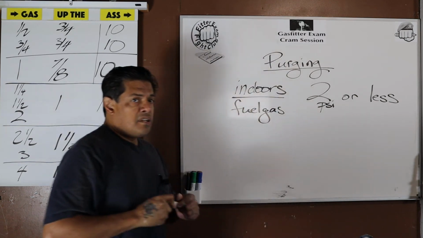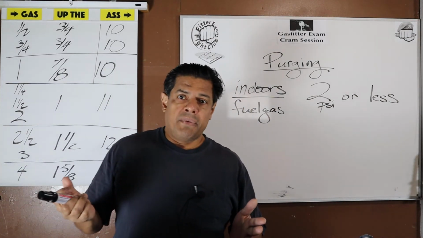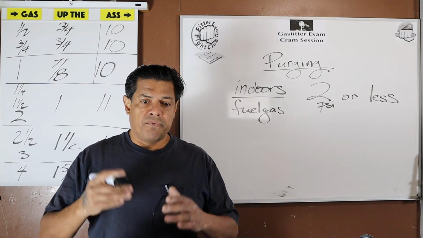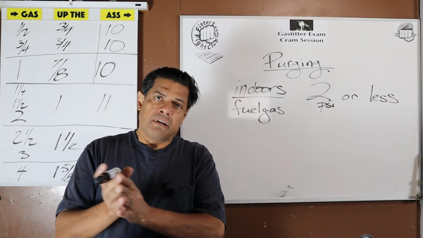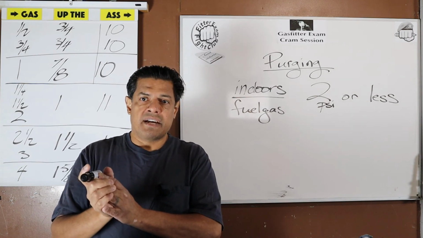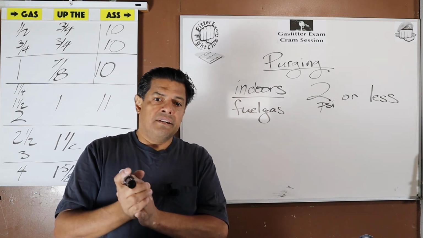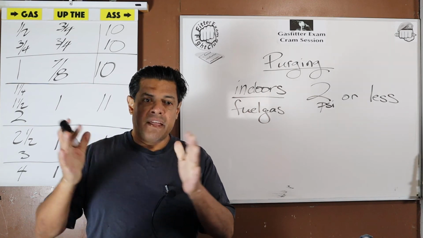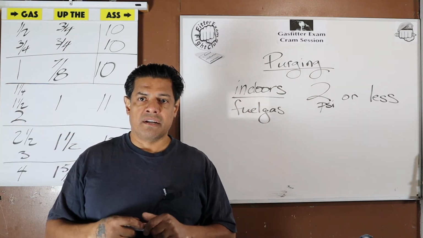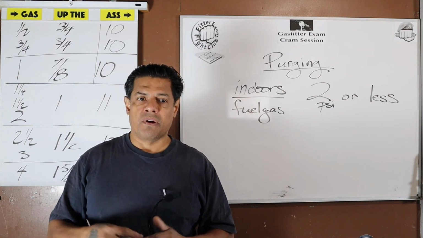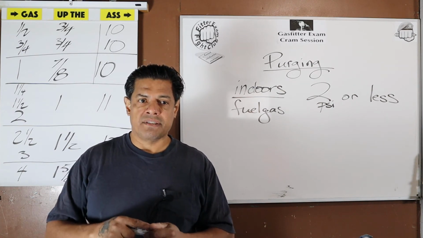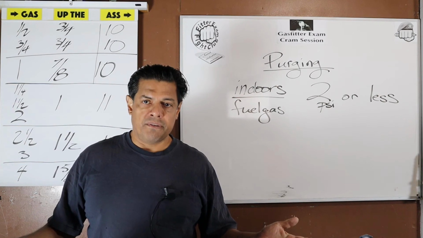Because we mentioned there's two times you might want to purge. You might want to purge when you first cut into the system and you're going to be working on it, to get rid of the excess gas in there. Then the other time is when the system's already connected and has passed inspection, and you want to start firing up, feeding the units with gas. You can put fuel gas in there.